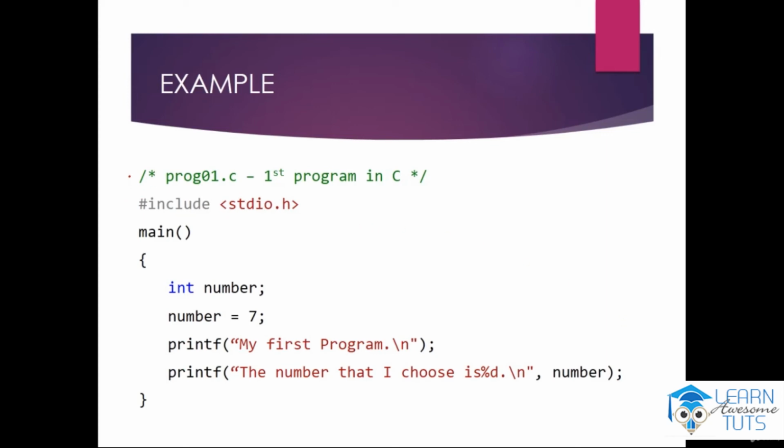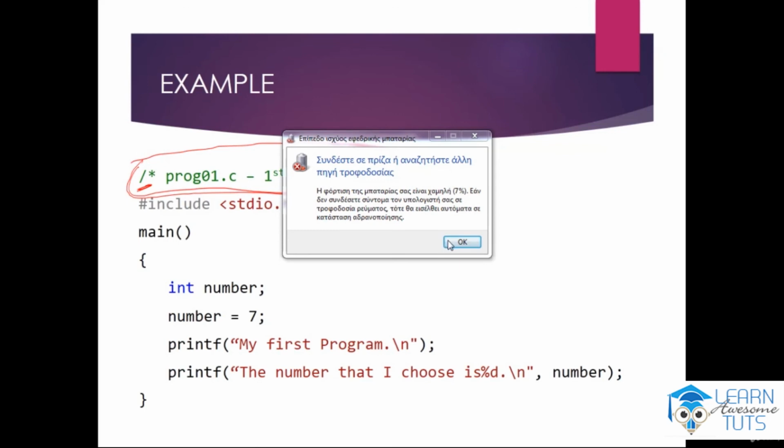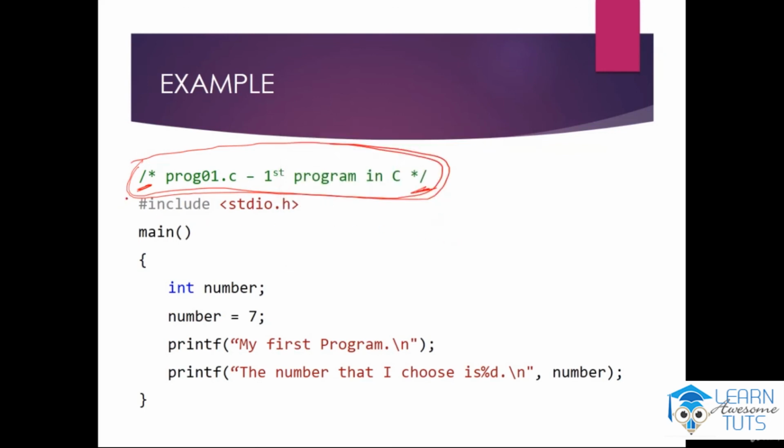Actually, this one is a comment, which means that whatever we write between these symbols is something that the computer will not read. We write this for ourselves. So this one is a comment, as we call it in programming languages, and this one is something that we always use in the C programming language, and has to do with the start.